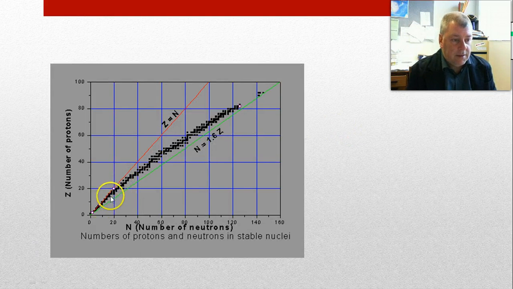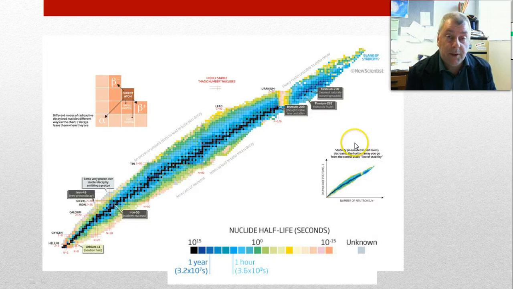I think they've got this around the other way, because it's bending down rather than up. And there's our stable nuclei, this band here, and you can see it's approaching 1.6 for the heavier elements. And we'll talk about this a bit more when we look at fission and fusion as well.